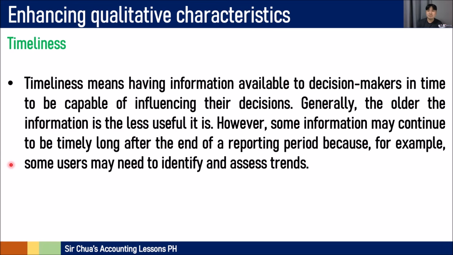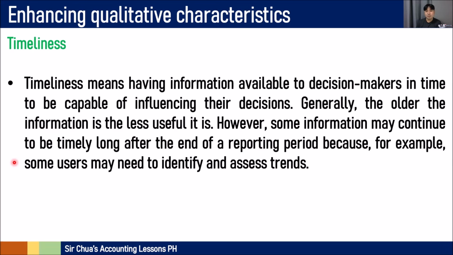So, ang sinasabi po natin sa timeliness is, on the time na kailangan siya, dapat nandun na yung financial information kasi mahalaga siya sa decision making. Kaya sinasabi po dito na, it's less useful the more older yung information. Pero, saan po pumapasok ngayon yung kahalagahan ng older information? If you need to identify and assess trends, then it's the time that you go through much more older information.